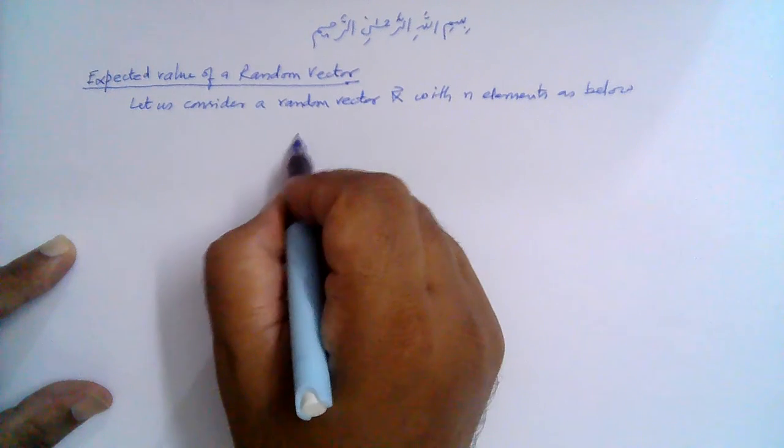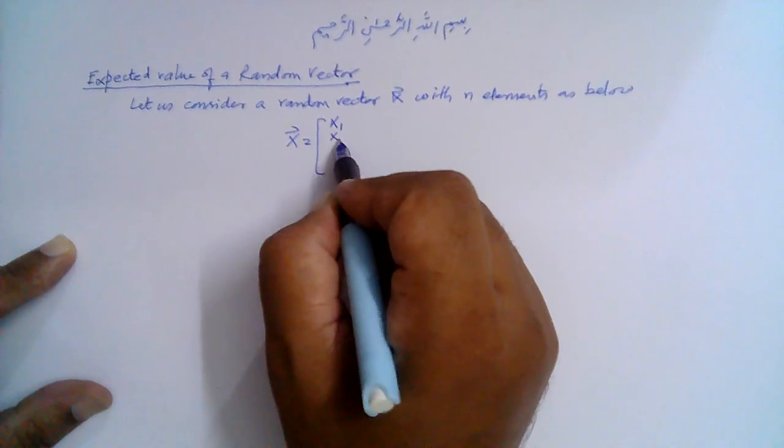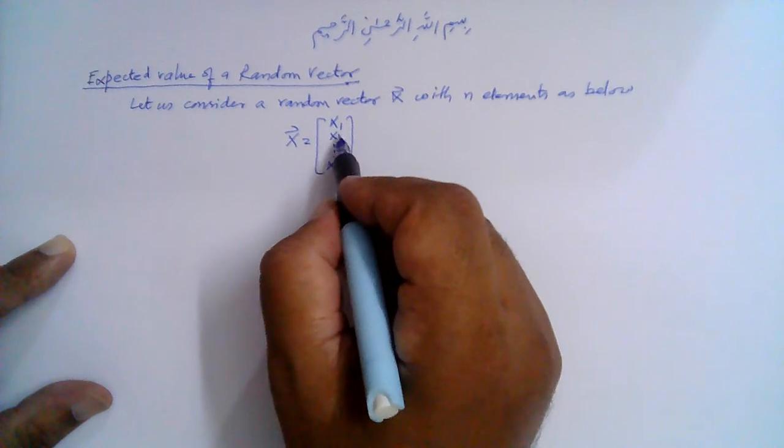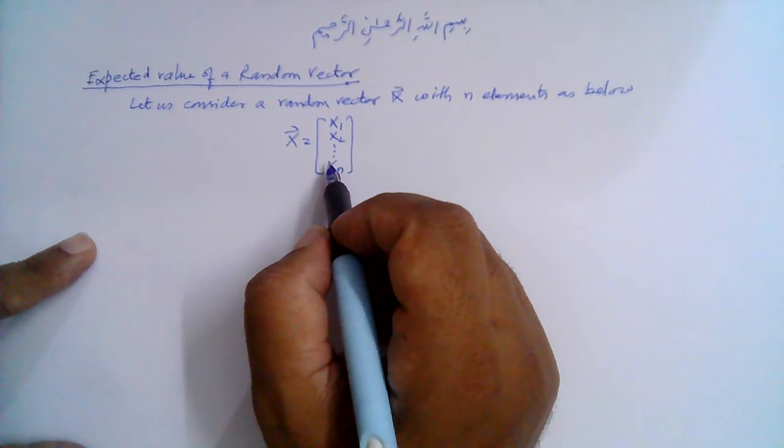We have this random vector here with n elements x1, x2 till xn. These are all random variables, right?